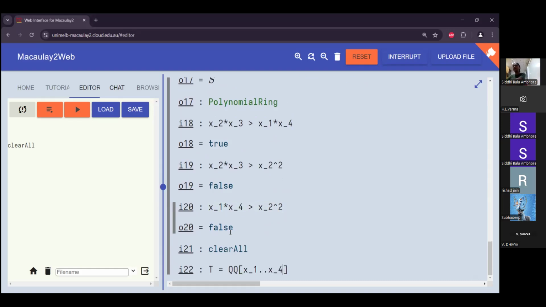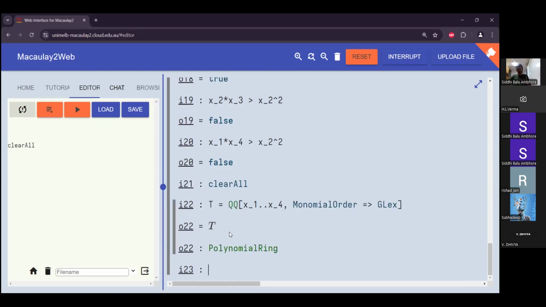You can also try the earlier commands and let me know if you face any problem. So this is the monomial order GLex, the graded lexicographic order. This is the command for graded lexicographic order.